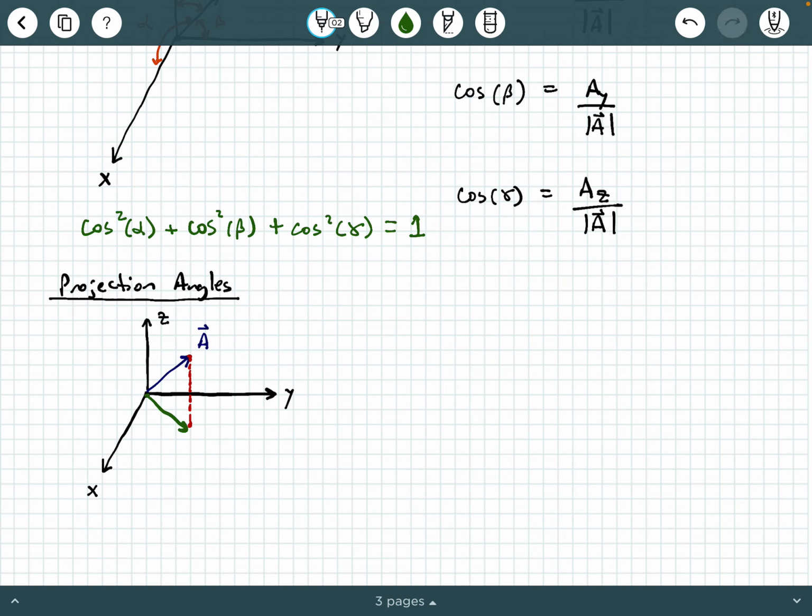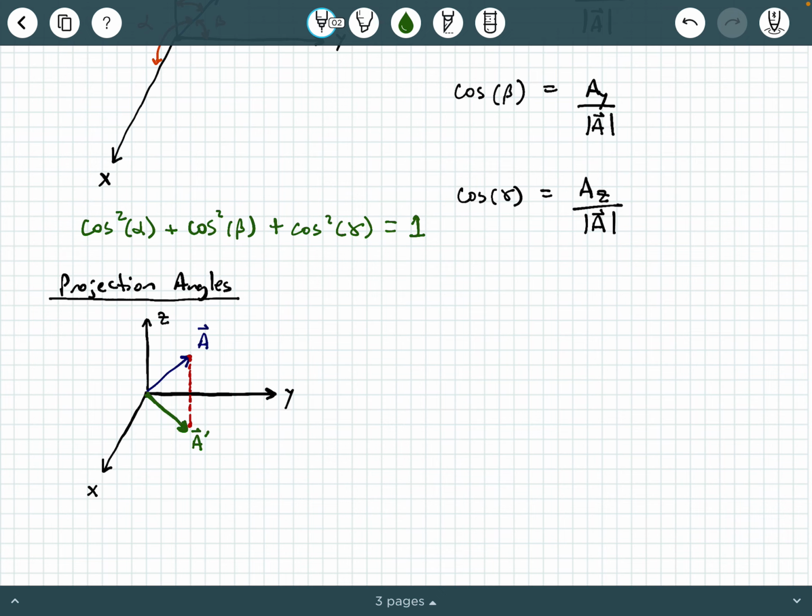Now, if we give that one a name, we can call this A vector prime. Prime, not for derivative, don't get excited, no calculus yet, but that's just going to be the shadow of vector A. All right, let me draw that a little bit better. I have trouble drawing straight lines sometimes. This iPad, there we go.